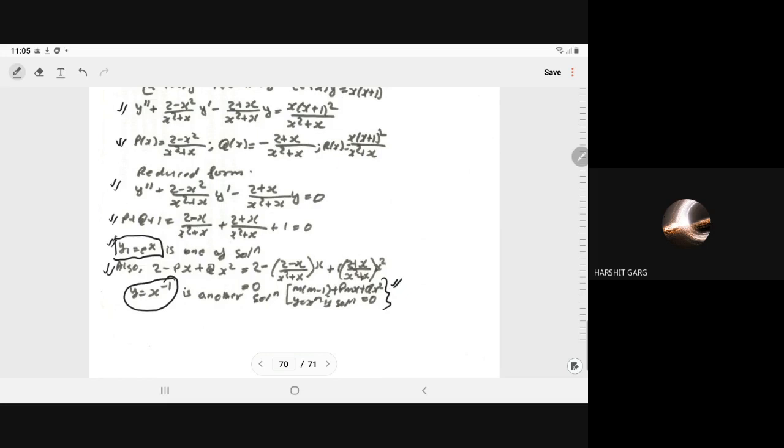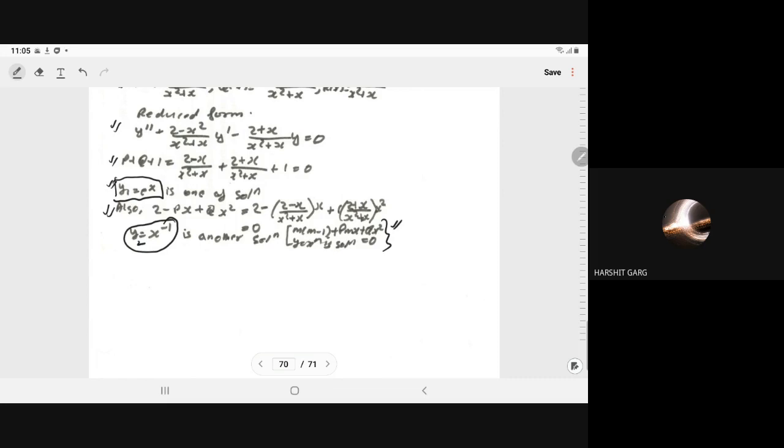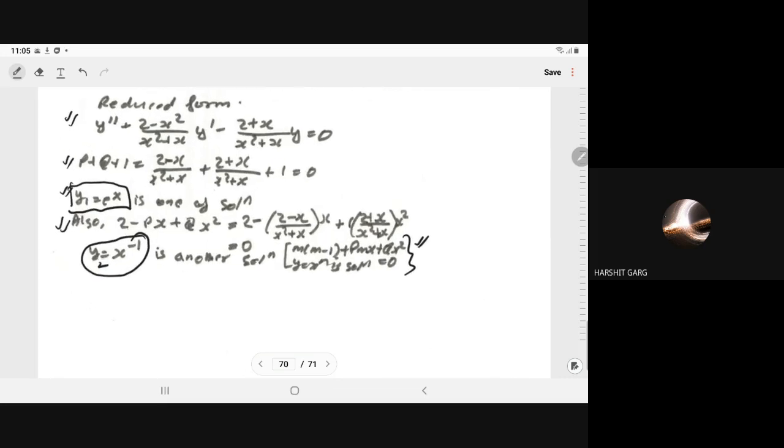So here, if you take m = -1, you will get 2 - p x + q x^2 = 0, so that implies that y = 1/x. So whenever you compute the solution by inspection, y1 = e^x and y2 = 1/x.